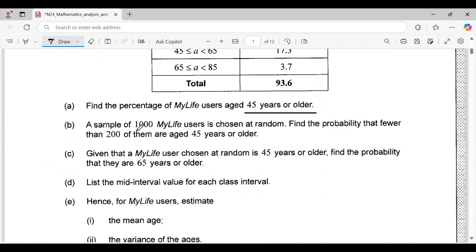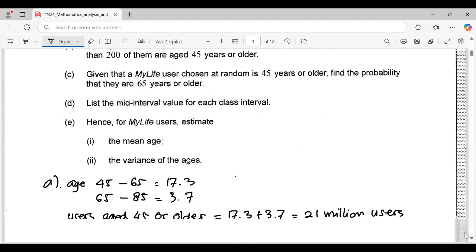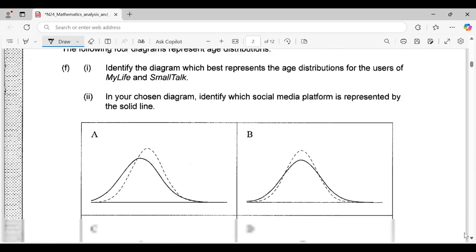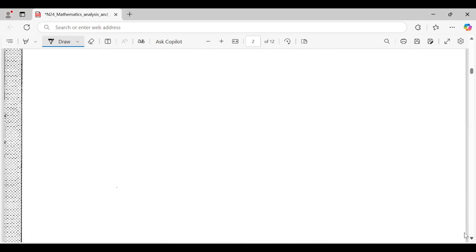Part B. A sample of 1,000 My Life users is chosen at random. Find the probability that fewer than 200 of them are aged 45 years or older. To solve this problem, we are going to use the binomial distribution.